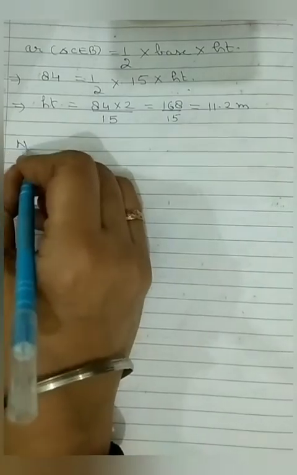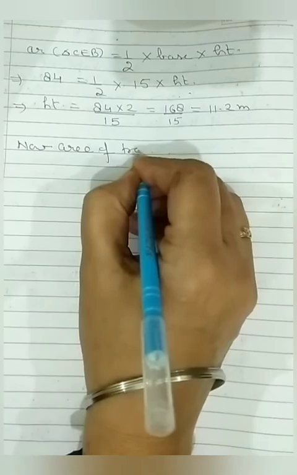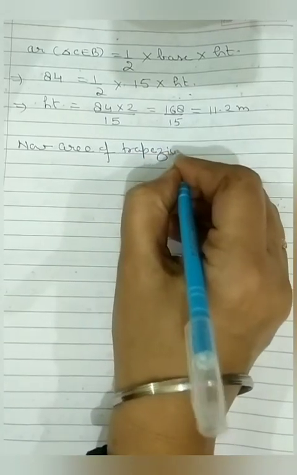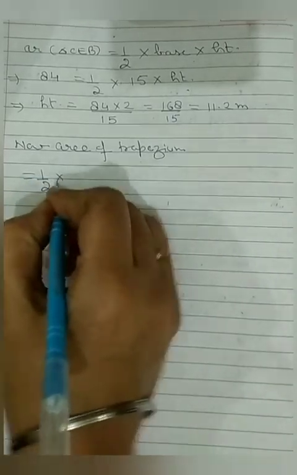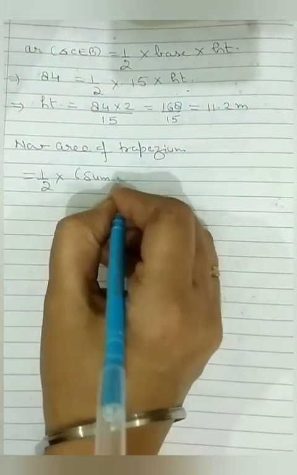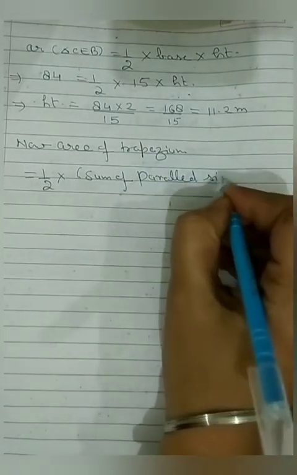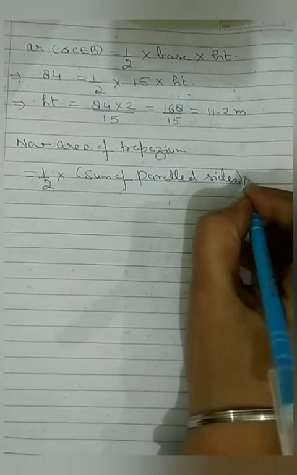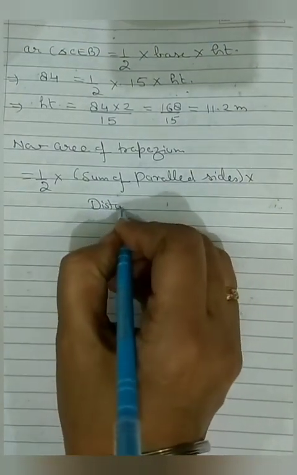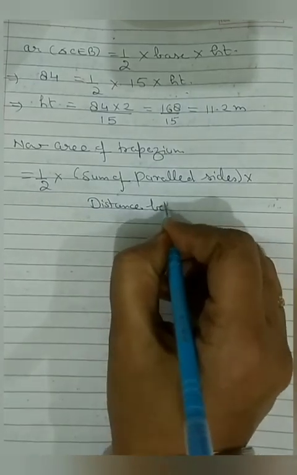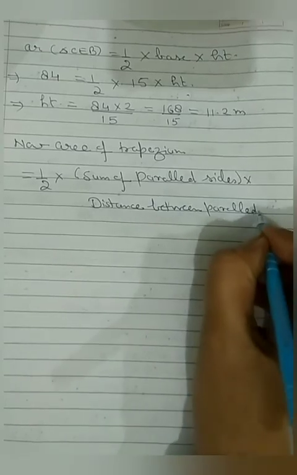Now as we know, the area of a trapezium is calculated by half into the sum of parallel sides into the distance between parallel sides.